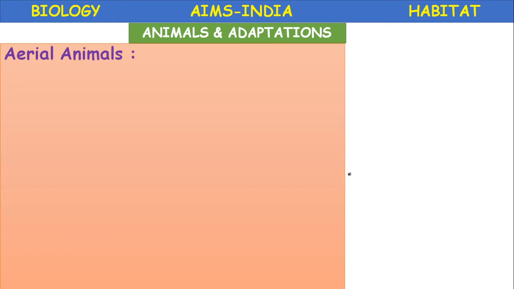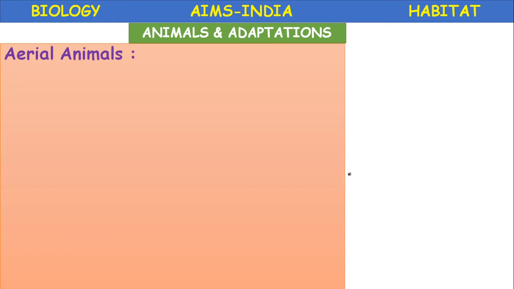Let us know some important habitats you can take on the earth: forest, grassland, desert, polar region, ocean, and the fresh waters, that is rivers, ponds, lakes. These are the main habitats.